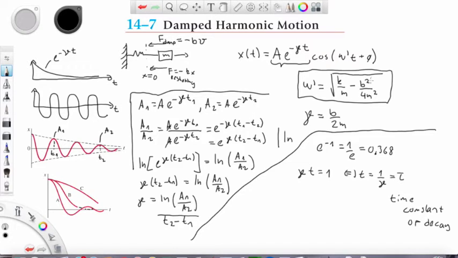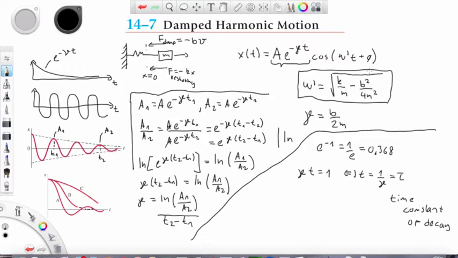Also, it is possible that the b term is so large that this sum becomes negative, and that would mean an imaginary value for the calculation of the square root, and plugging something imaginary into the cosine doesn't make any sense.